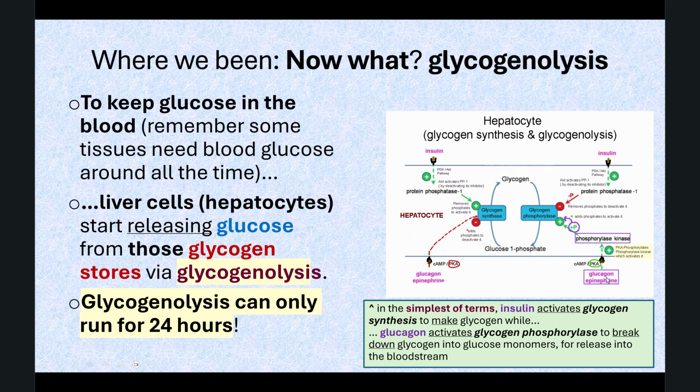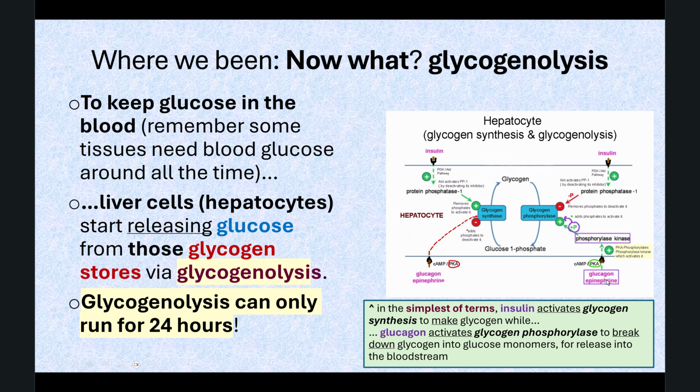Glucagon will not stimulate glycogen synthase, it actually inhibits it, but it stimulates glycogen phosphorylase into action, and that is going to start picking those glucose monomers off that gigantic glycogen molecule, making glucose 1-phosphate, which goes to glucose 6-phosphate, which goes through glucose 6-phosphatase into glucose, and it's released.